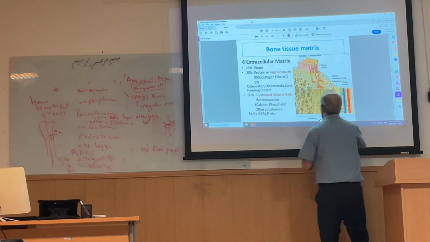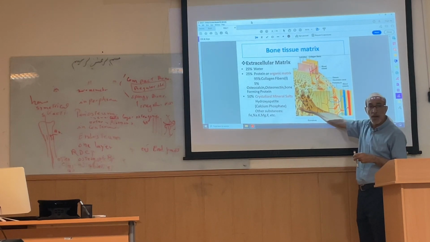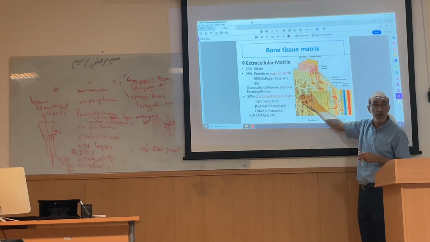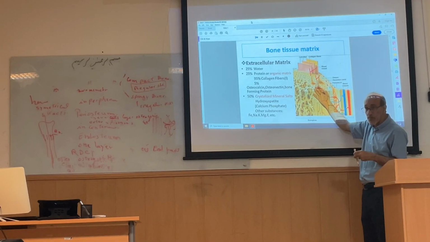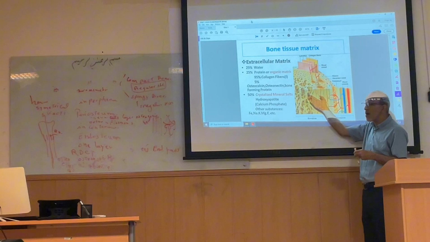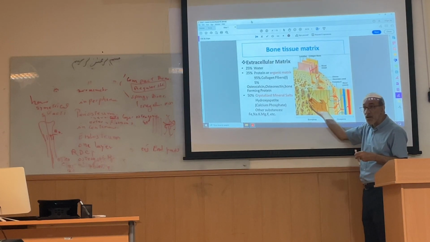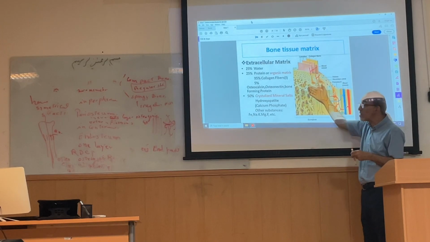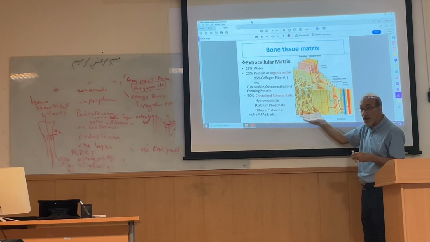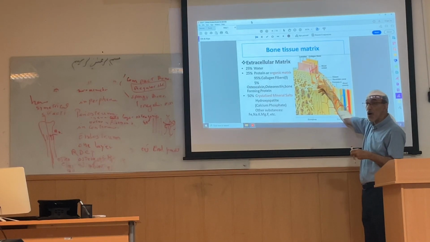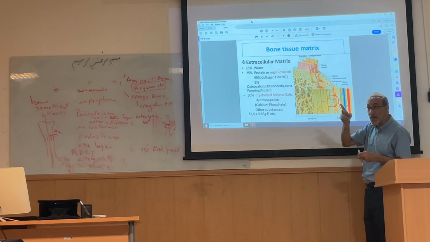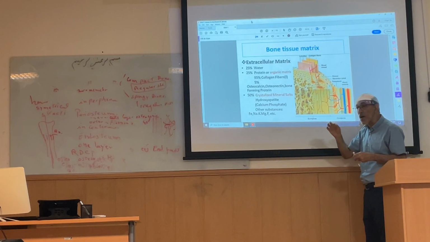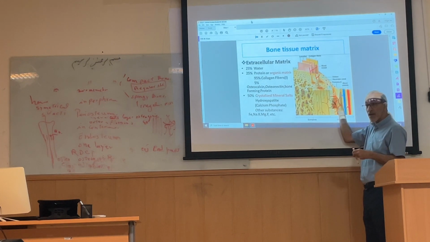Repeat. This is spongy bone because this part is the central structure of the bone. What is this? Compact bone. Why? Because this part is the peripheral structure of the bone. The central structure is covered by endosteum, and peripheral compact bone is covered by periosteum. Periosteum has two layers, inner and outer.